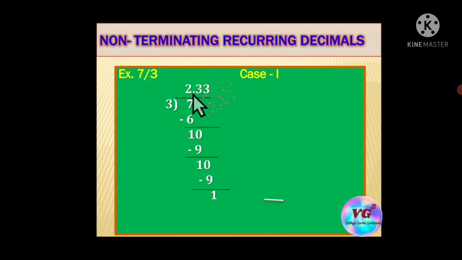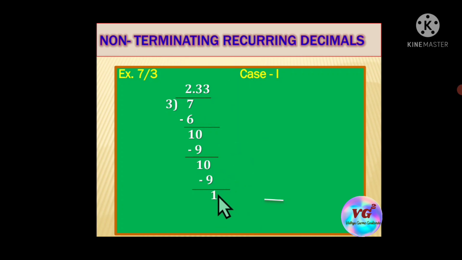So we need to take one decimal point and a 0 in front of 1. So 1 will convert into 10. Now 3 threes are 9. 10 minus 9 will be 1. Again 1 is smaller than 3. But once we took the decimal point, no need to take it again. We can take a 0 in front of remainder and 1 will convert into 10. So 3 threes are 9. 10 minus 9 will be 1.